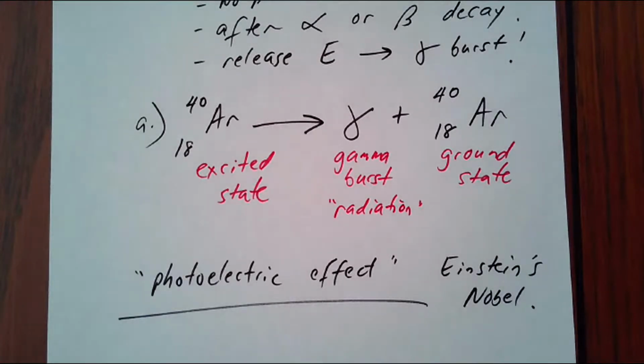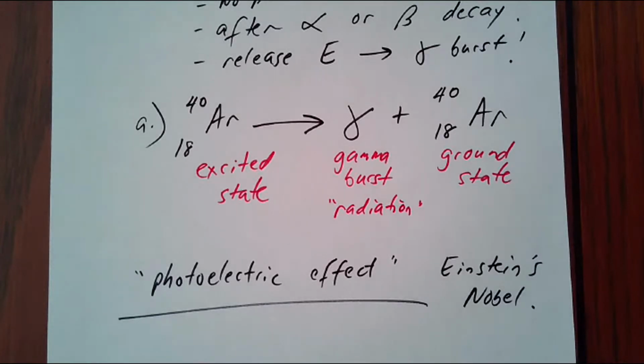In a beta positive decay, or a positron, you have a decrease in the number of protons, because a beta positive is released, so a positive one. In a beta negative, you start with a parent nucleus with an atomic number, and it increases because a beta negative is a negative one.